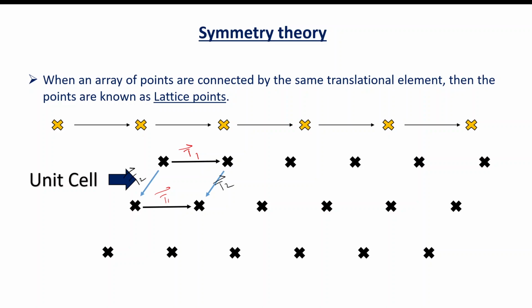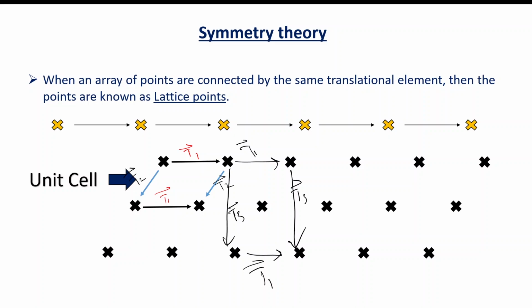Based on that idea, I can do the same thing in a pattern. If I take this one as the T1 translation, and this one also, because they are in the same direction, it has to be T1. But I can take a different set like this one and this one, which is, for example, T3, and this is also T3.